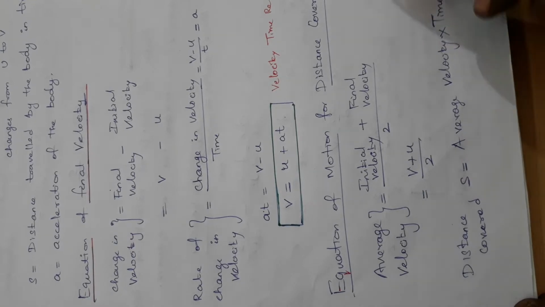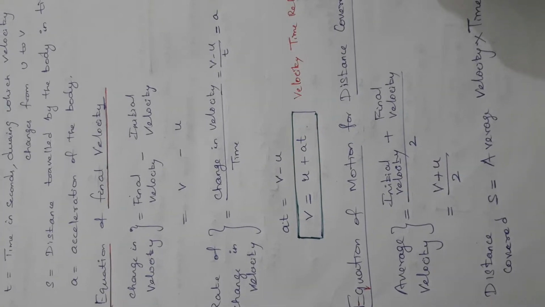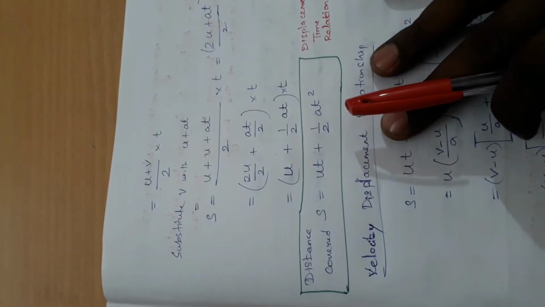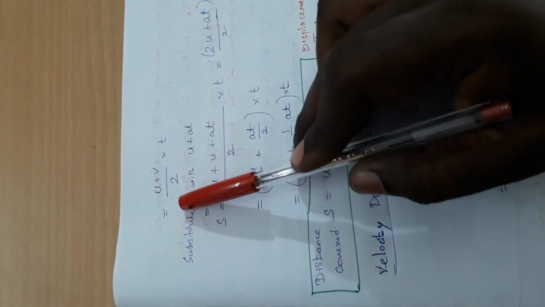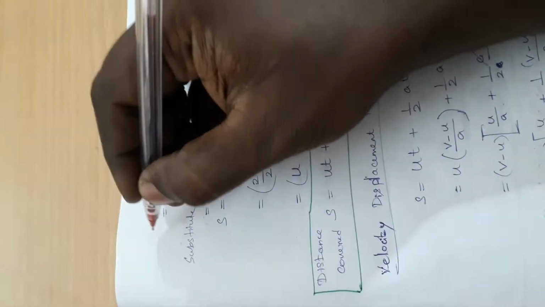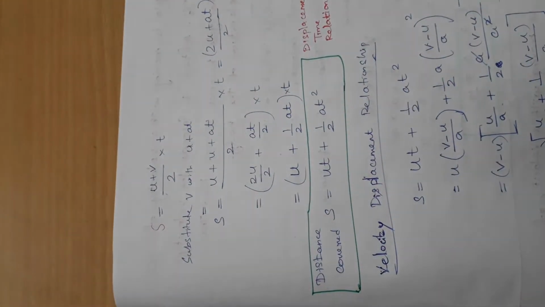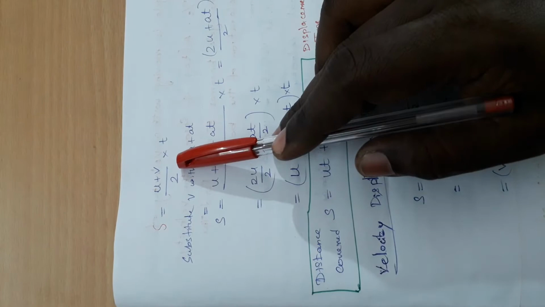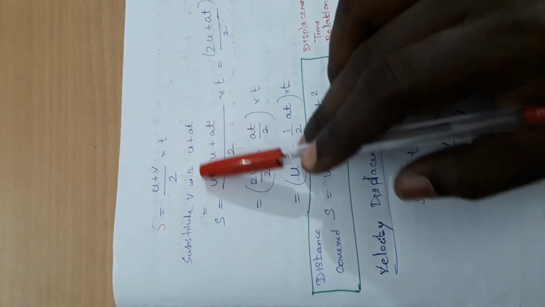The distance covered s is average velocity into time, that is, u plus v divided by 2 into t.